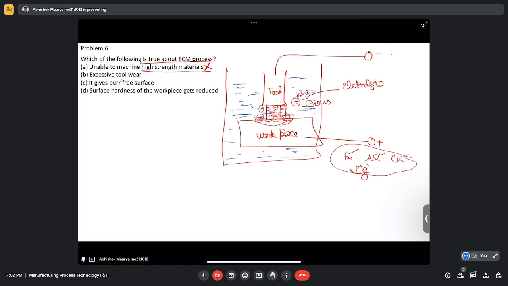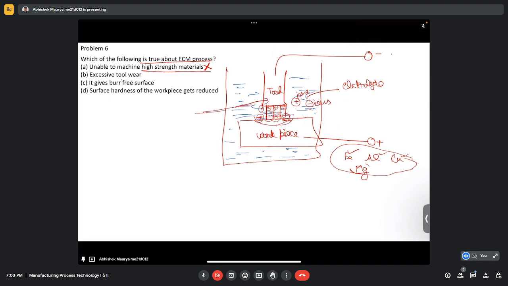Here we do not have any kind of physical contact between the tool and the workpiece. Therefore the tool will not get deformed or machined at all. So tool wear is not a problem of electrochemical machining. The job of the tool is that it should have the counter shape.